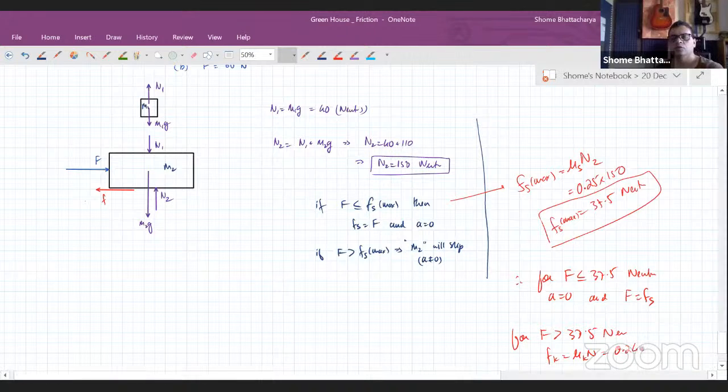Yeah, 0.24 into normal reaction. So that is 150. Okay. So that will become how much now? Little bit less. It will become 36 newtons will act.